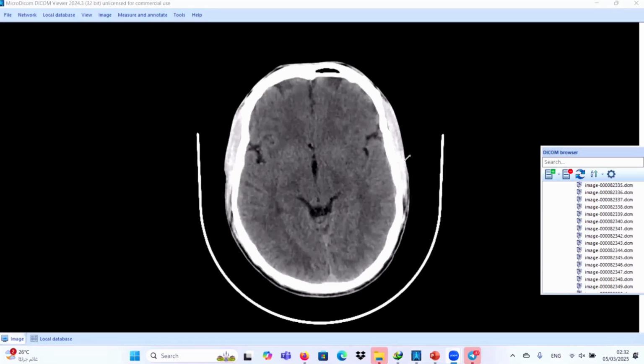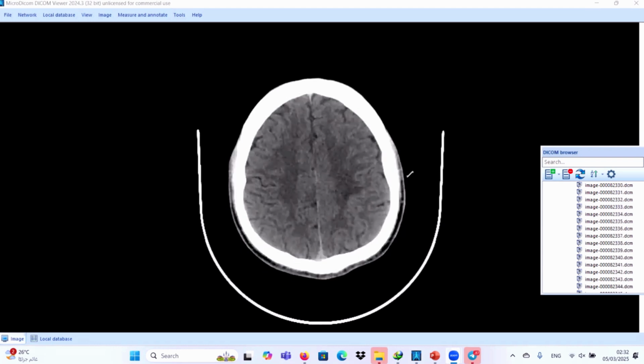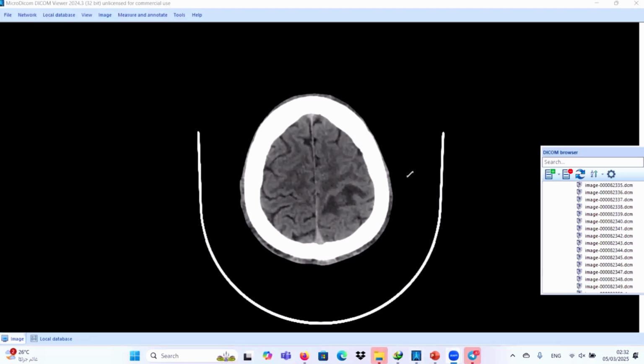Young adult patient who was presenting with acute neurological deficit. In the left high parietal region, we have a hypodense area, and this hypodense area is characterized by finger-like projection. Also, it is characterized by preserving the density of the gray matter.